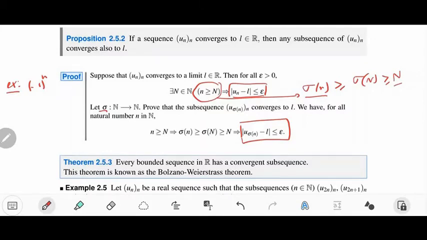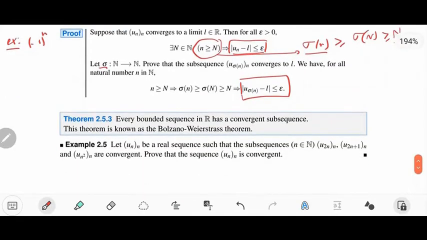And if you take the subsequence with even indices, it's a constant sequence equal to 1, so it's converging to 1. So both subsequences with odd and with even indices are converging, but the original sequence is not converging. So if you have many converging subsequences, it doesn't mean for sure that the sequence is converging. Especially in this case, you have subsequences converging to different limits.